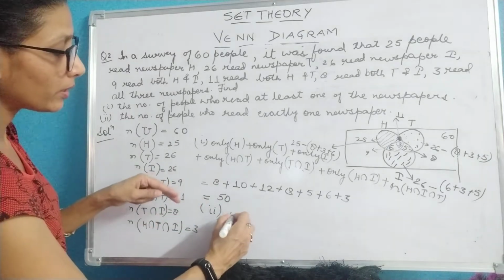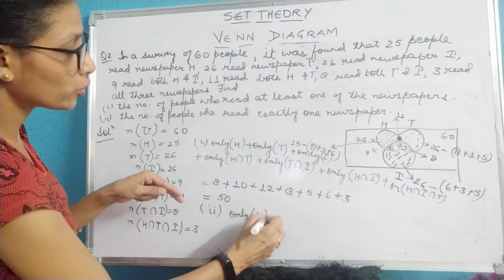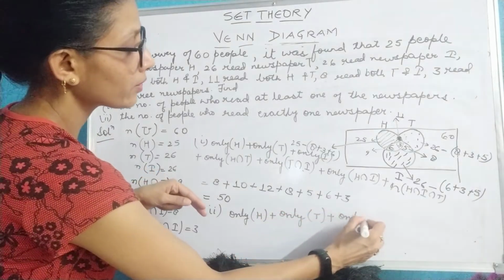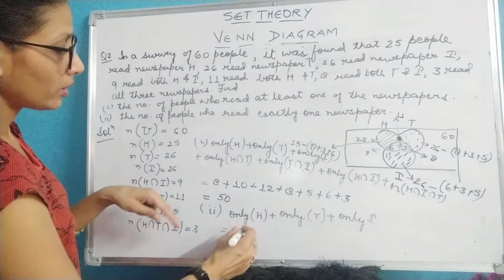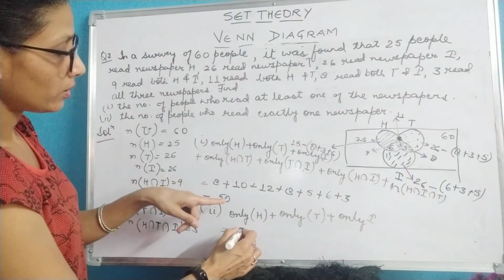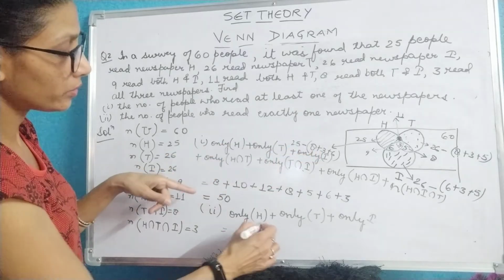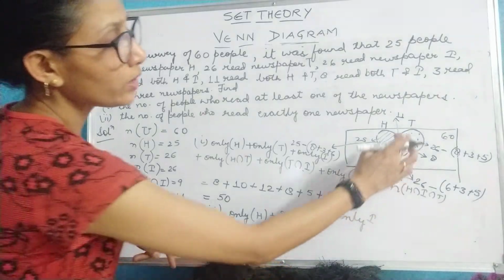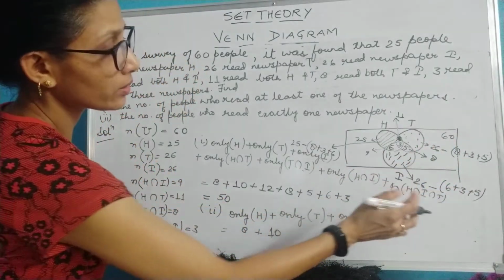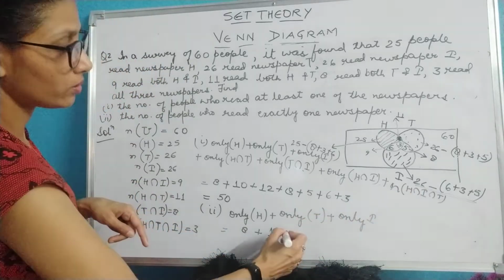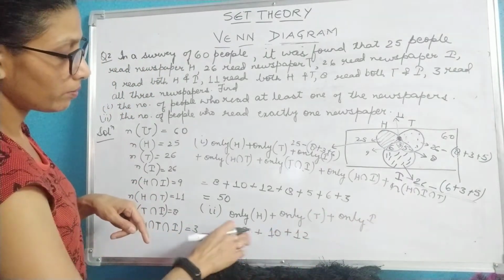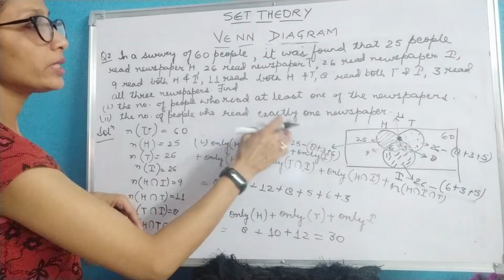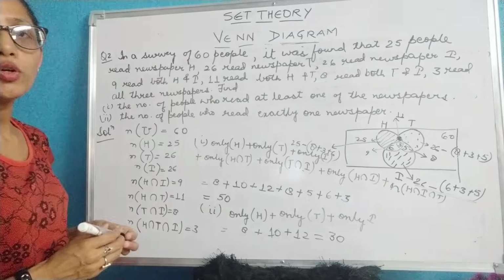So for exactly 1, we will take only H plus only T plus only I. Only H is 8, plus only T will give you 10, plus only I is 12. So this is 10 plus 20 and this is 30. So 30 people are there who read exactly 1 newspaper and not more than 1.